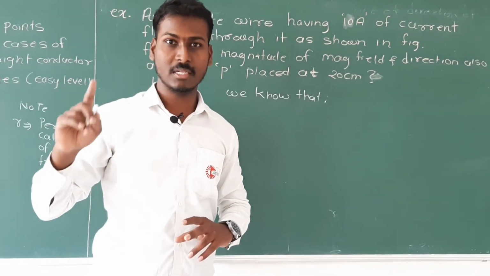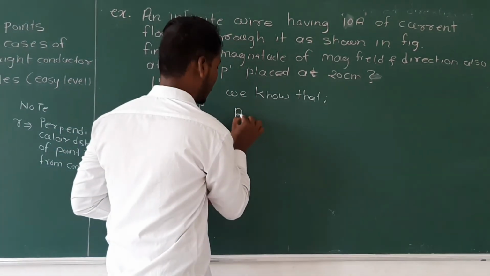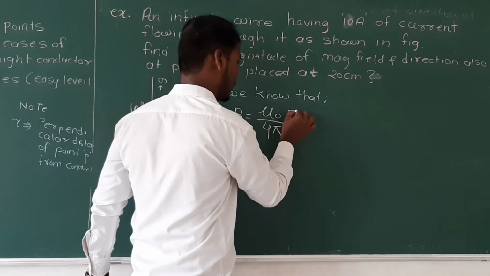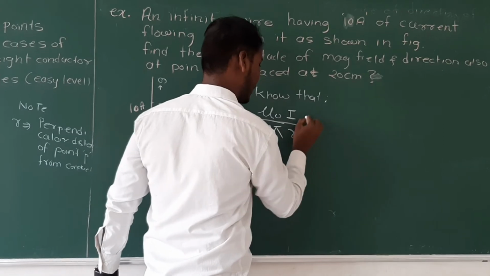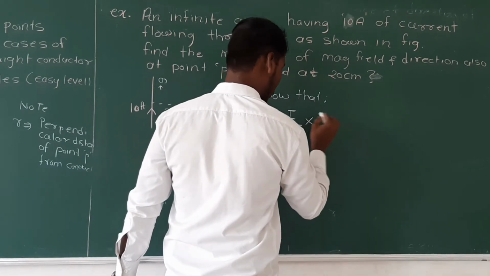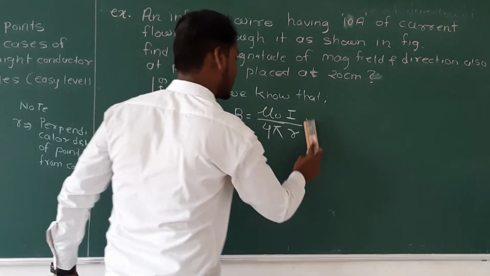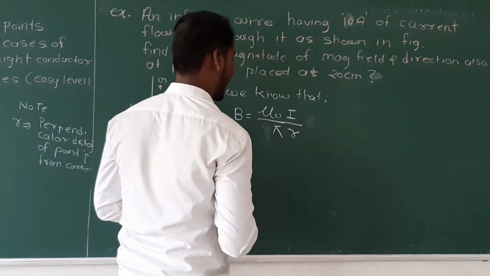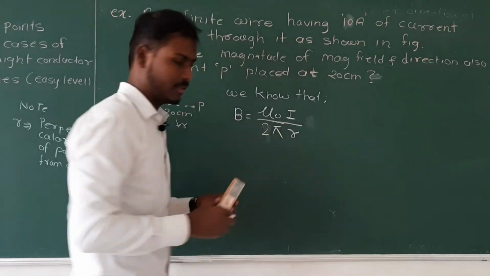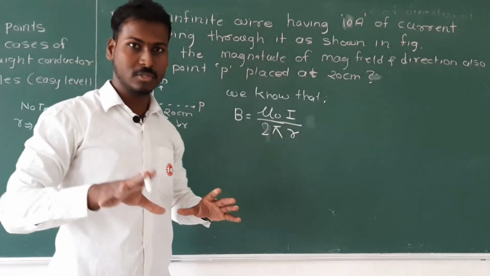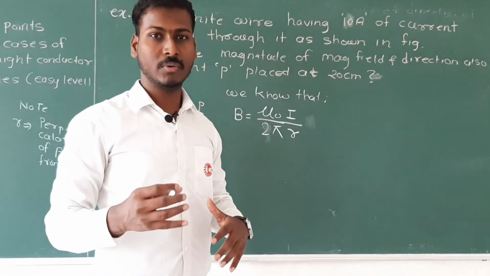So the remaining expression is B equal to mu 0 upon 4 pi I divided by r into 2. The 2 will cancel with the 4, so the remaining expression is only 2 pi r. We have already solved this case. You can directly use it also, but just for remembering, you can go for the basic.